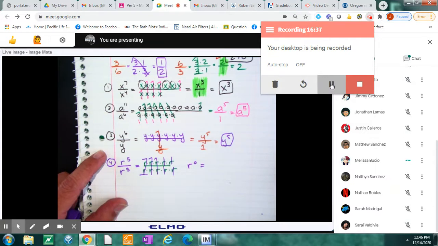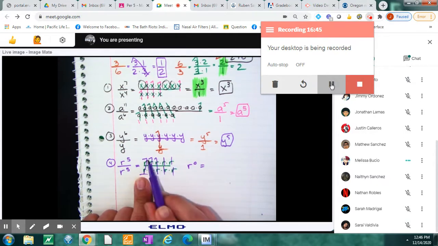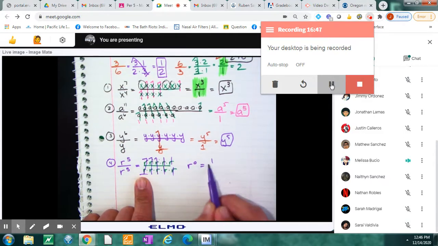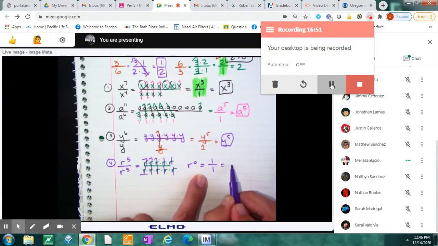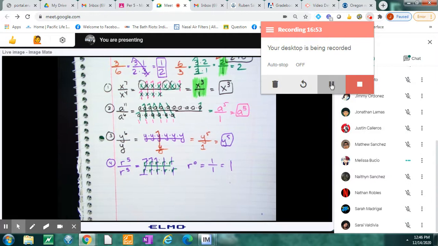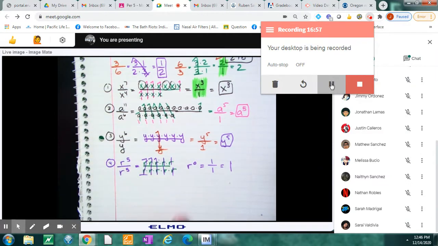So what is r to the 0? R. No, because that means you have 1 r. So remember, r to the 0 is 1 times 1 times 1, which is 1 over 1, right? What's 1 over 1? 1. So when you don't have anything, r to the 0 is 1. And that was on your district benchmark.